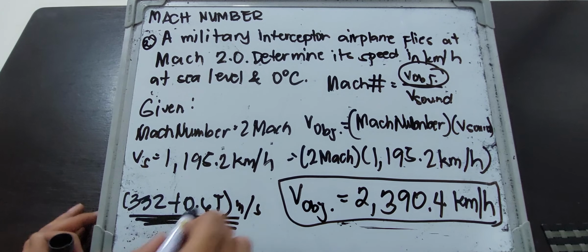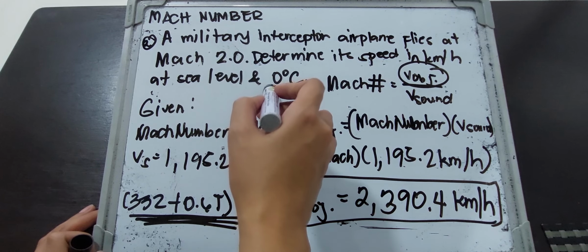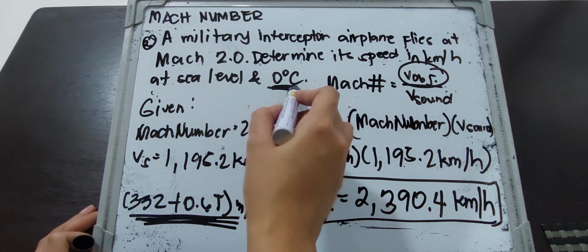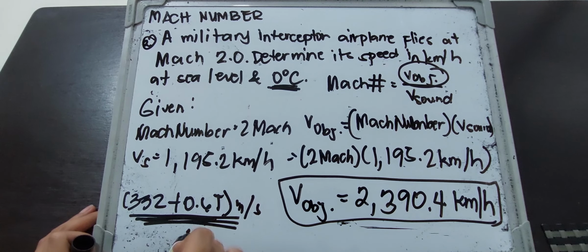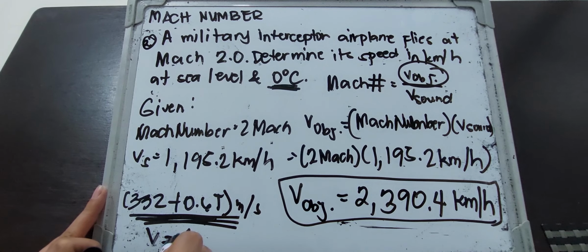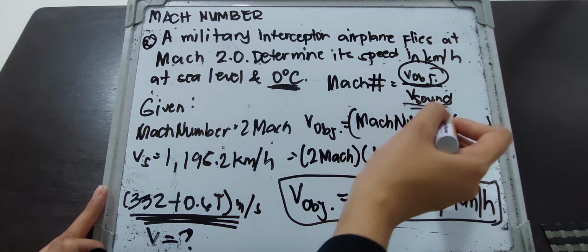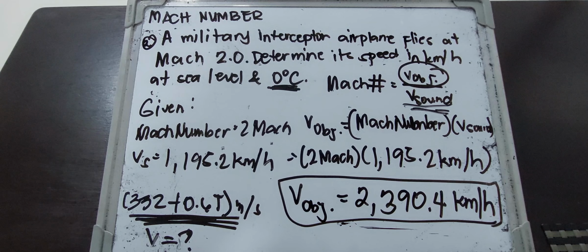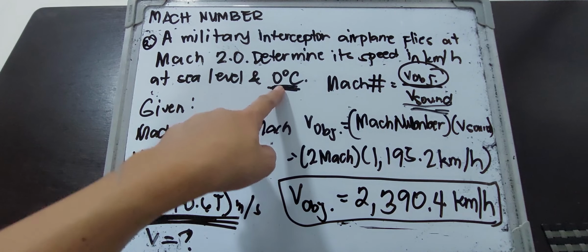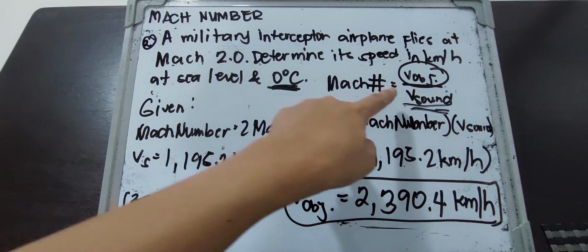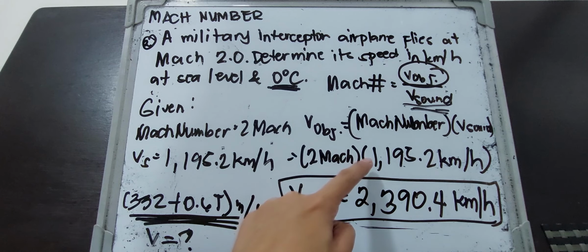Ito gagamitin natin if the temperature here is not 0. So, kung ano yung makuha nating temperature dito, kung ano yung makuha nating speed dito, yun yung gagamitin natin dito sa speed of sound.